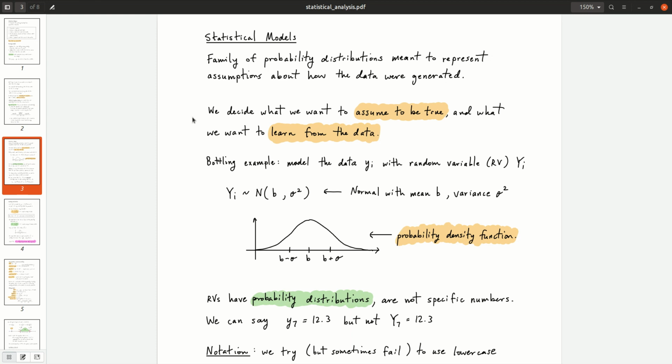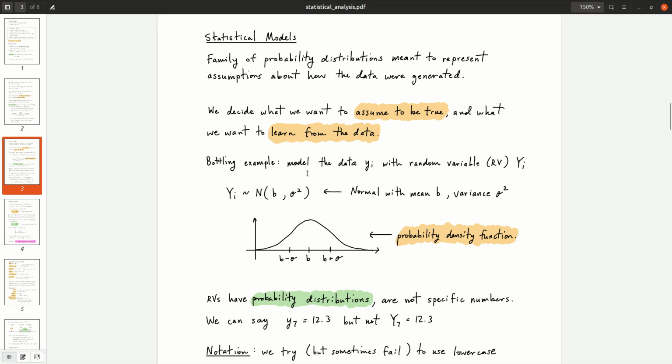We can't just say we know nothing about what the data generating process was like, because we'll never get anywhere. That being said, assumptions do have consequences, and we have to be careful about them. But the point here is that we're being explicit about what they are. That's the important point. Okay, let's go back to this modeling example.